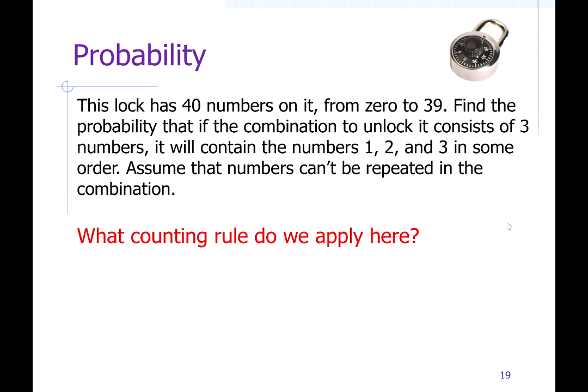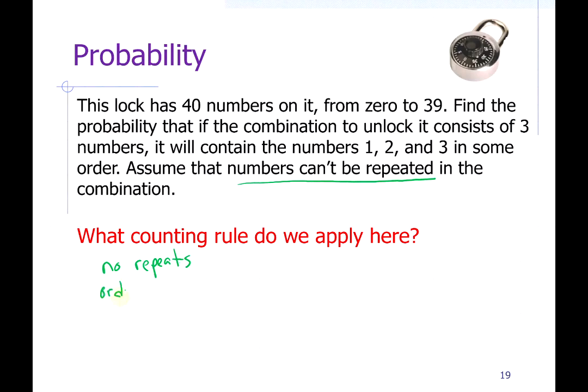What counting rule do we apply here? Well, we're given in the problem, numbers can't be repeated. So we have no repeats. And if you put the numbers into the lock in the wrong order, it's not going to open. So we know order definitely matters.